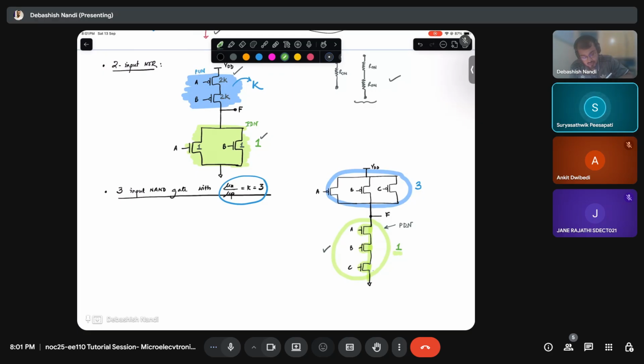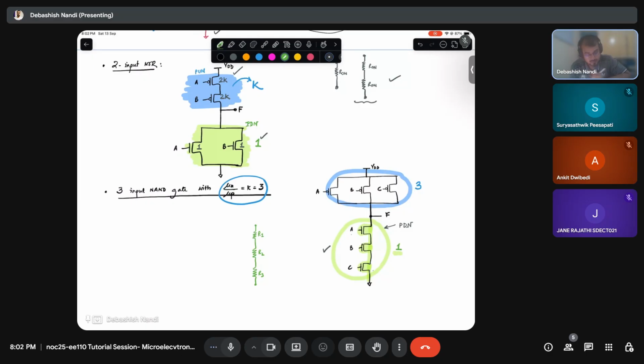If A equal to 0, then this path is not at all conducting, right? So my worst case will be these three resistances. Let's say this is R1, this is R2, this is R3.